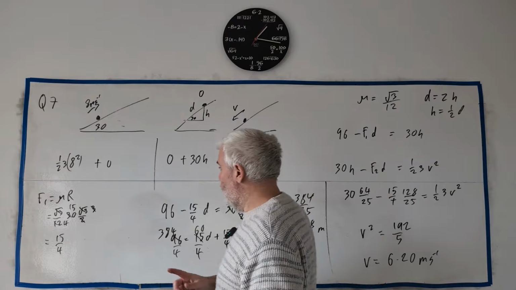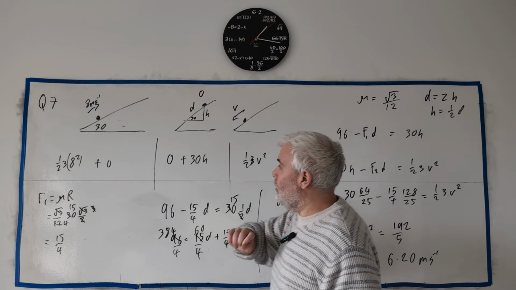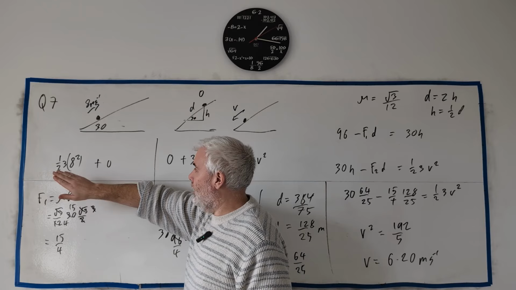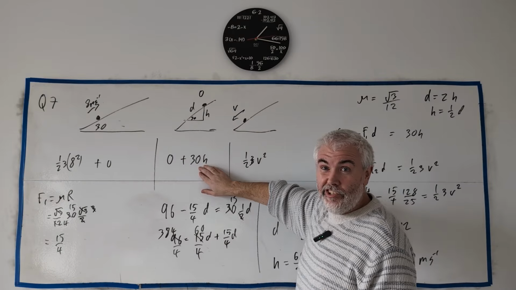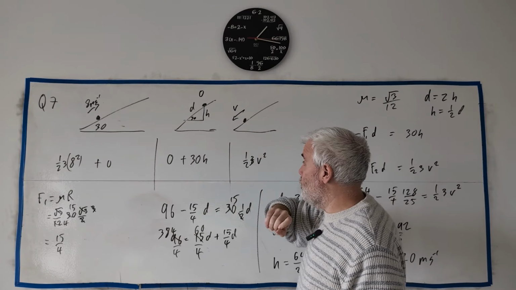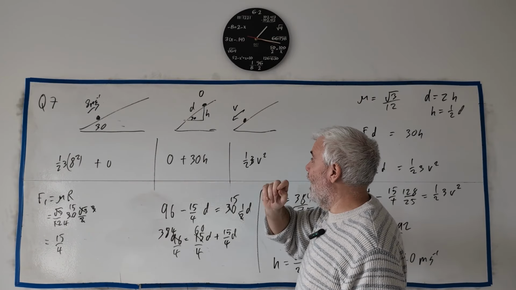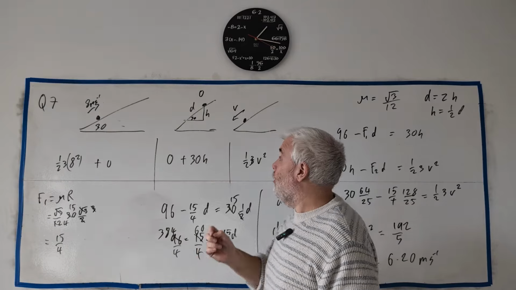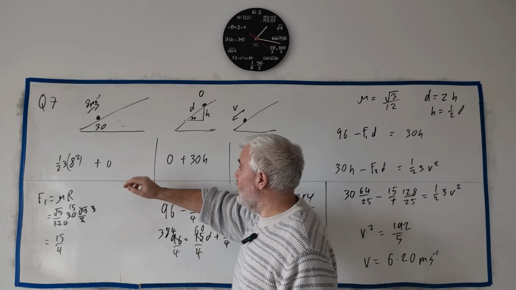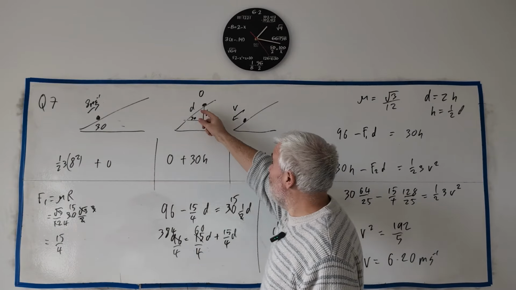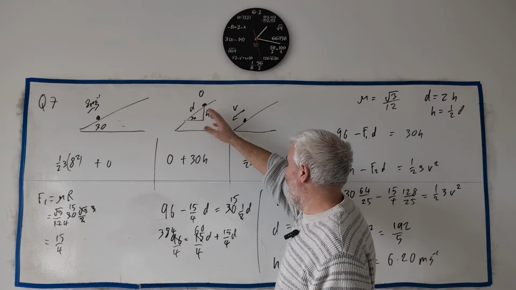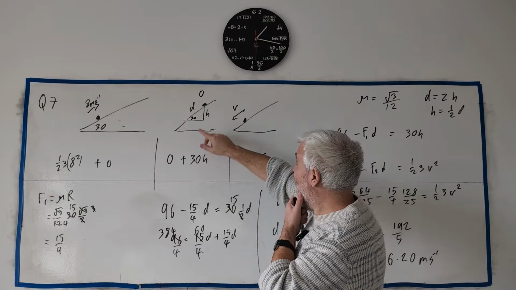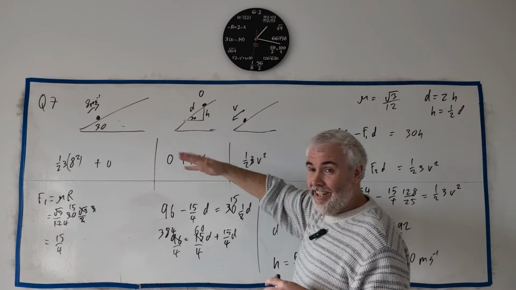Just to reiterate one more time, you could have done this as just kinetic energy, not have this 30H. The difference would have been you would have had to account for the work done by gravity. You would have done it in D, but it would have been the same as 30H, because it would have been sine of that, half of this.